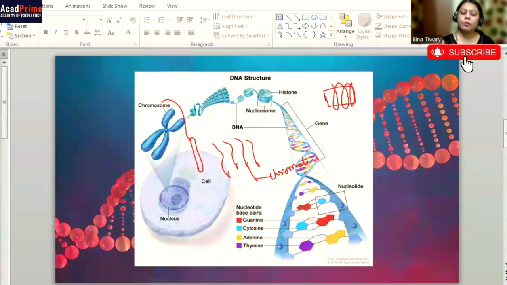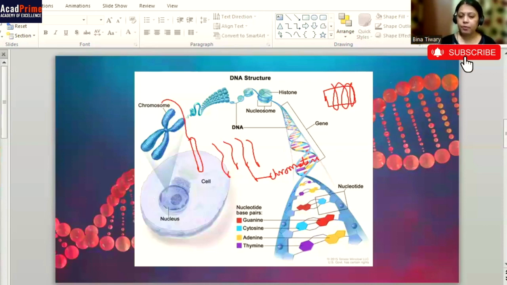The arrangement of these nitrogen bases is such that they will make a living organism in the shape that they want. There will be a specific arrangement, and this specific arrangement is responsible for our gender as well as what we are going to be.